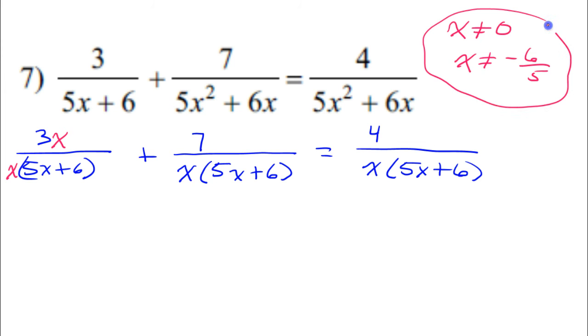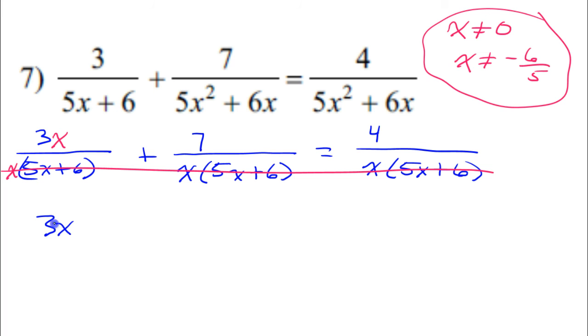If you take 5x plus 6, set it equal to 0 and solve, then you get negative 6 over 5. Anyways, I can cancel out these like denominators and make a new equation out of the numerators.